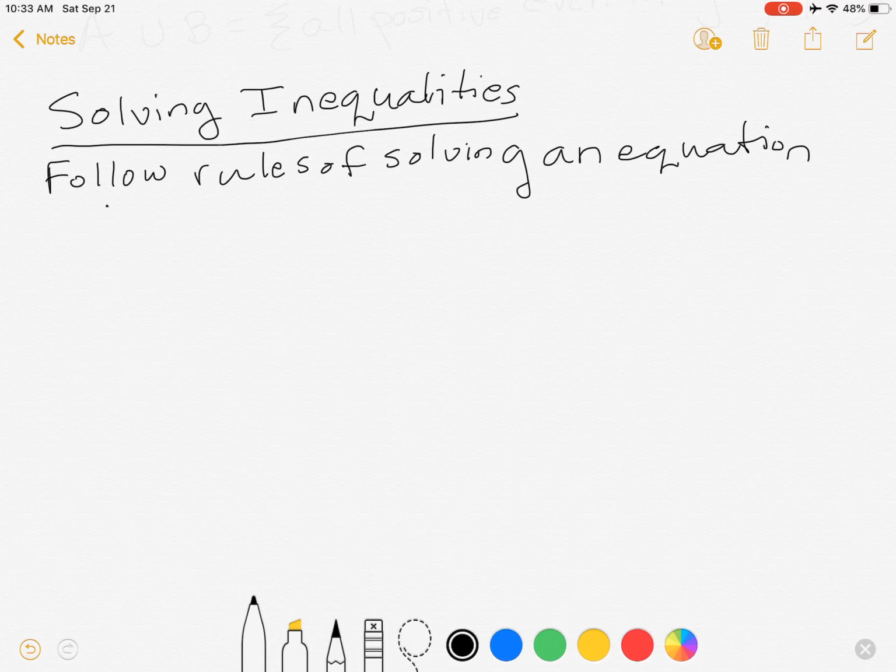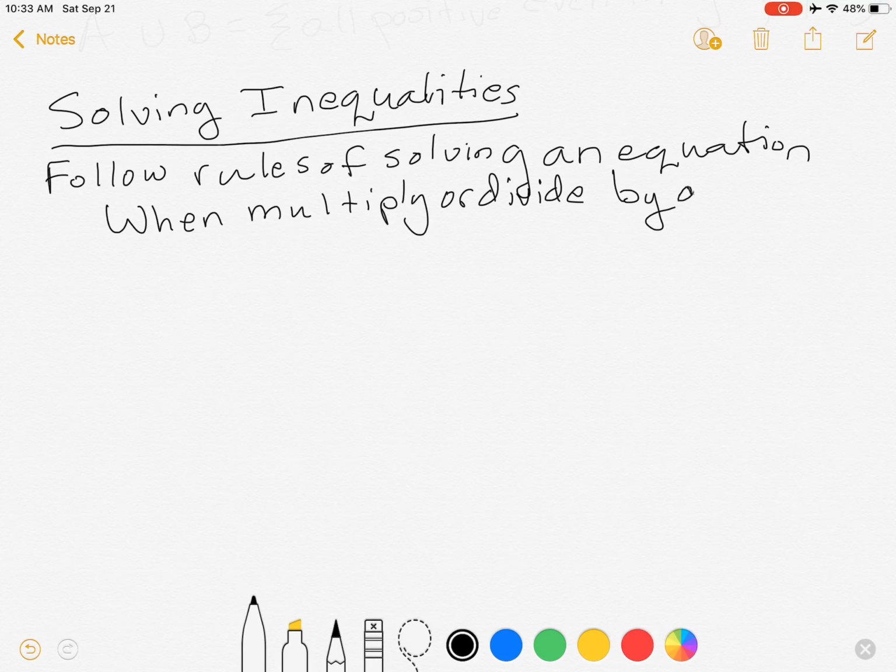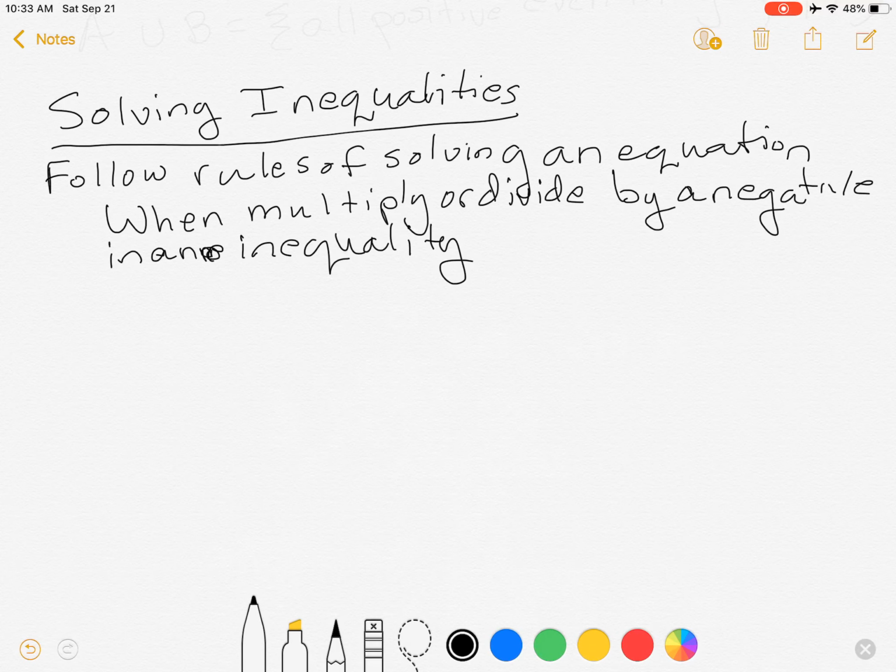Okay, when you multiply or divide by a negative in an inequality, you have to flip the sign of the inequality.